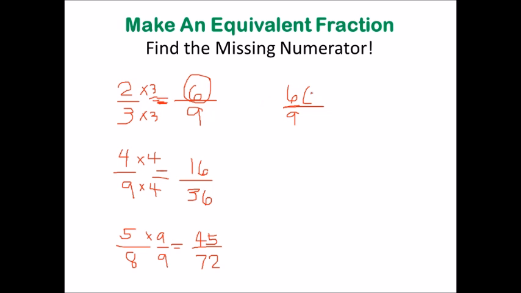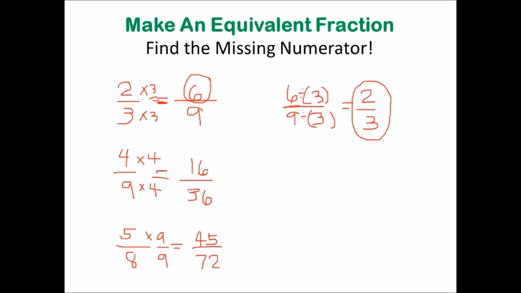So you divide by 3 over 3, so 6 divided by 3 is 2, 9 divided by 3 is 3. So therefore the lowest term is 2/3.